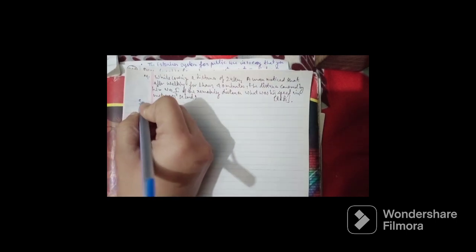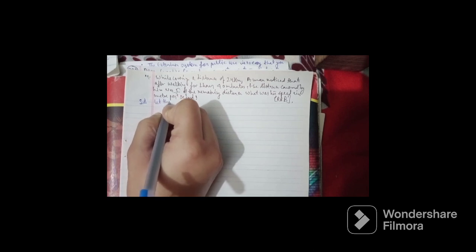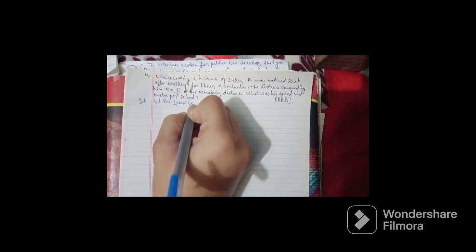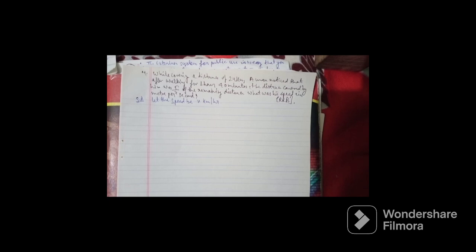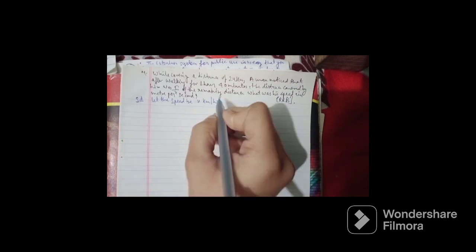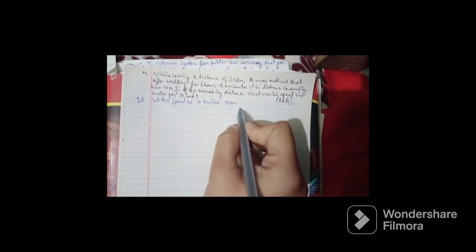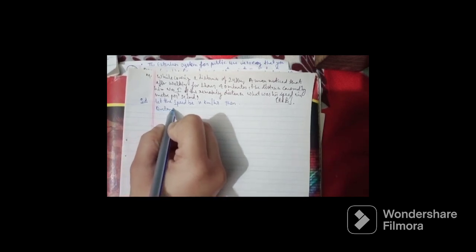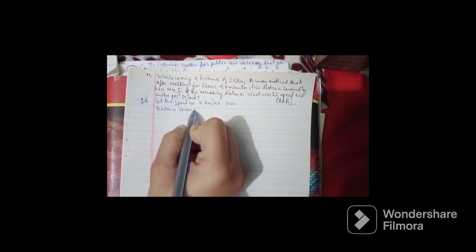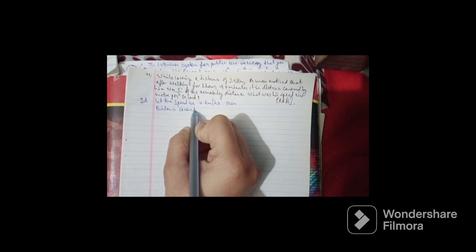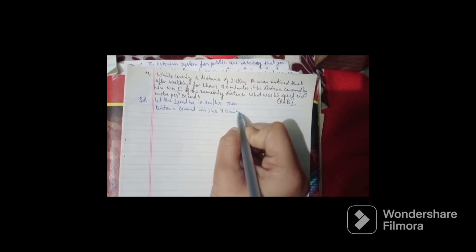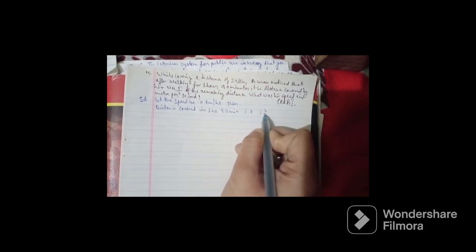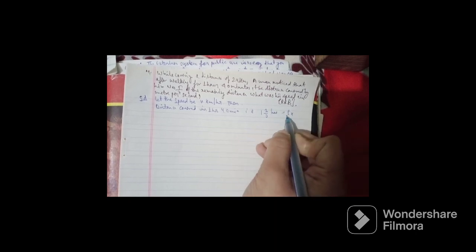Let the speed be x kilometer per hour. Then distance covered in 1 hour 40 minutes, that is 1 2 by 3 hours, is 5x by 3 kilometer.